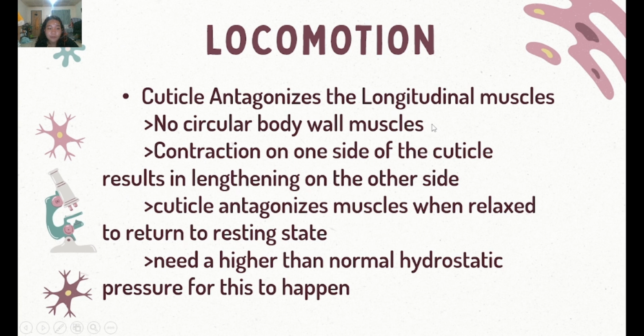If it is stretched, the muscles will then contract on this side. Then the cuticle will compact and the cuticle of the opposite side will elongate, and once the muscles are released, it basically snaps back into its original place.